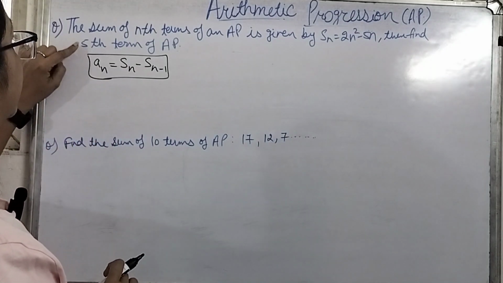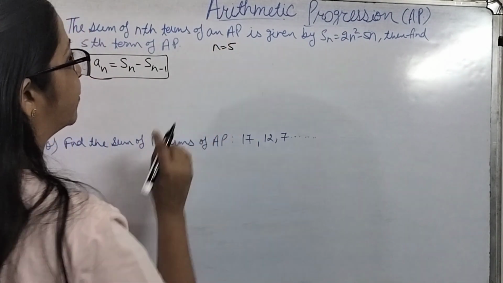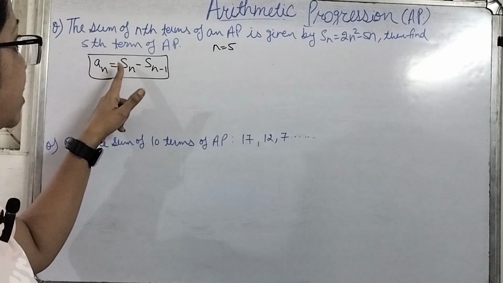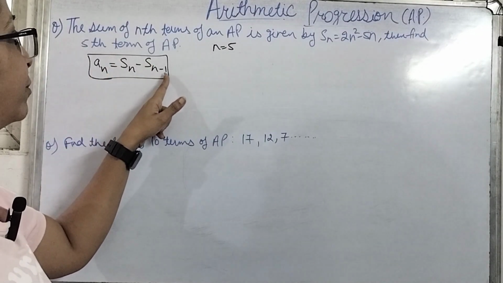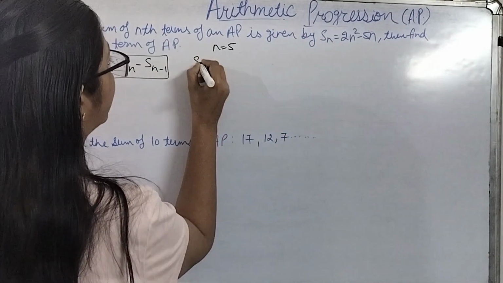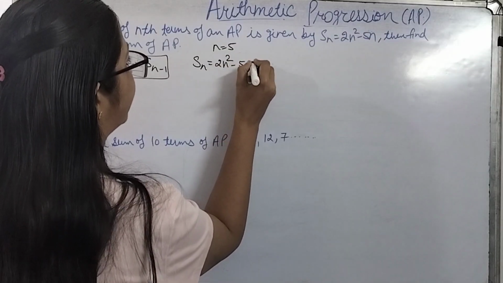Now we have to find the fifth term, that means the value of n is 5. For finding a5, we need to find S5 minus S4. Given to us is Sn equals 2n square minus 5n.